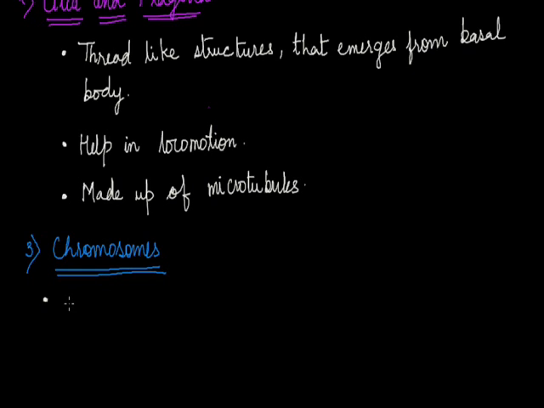So chromosomes are the heredity vehicle. Heredity means the transmission of characters from one generation to other. So they are the vehicles which transmit the characters from the parents to the offspring. So we can say them as the heredity vehicles. Heredity is related with the transmission of characters from one generation to other.